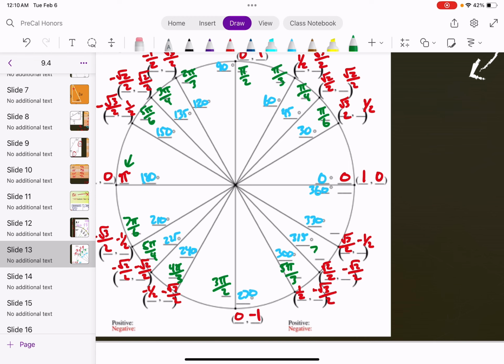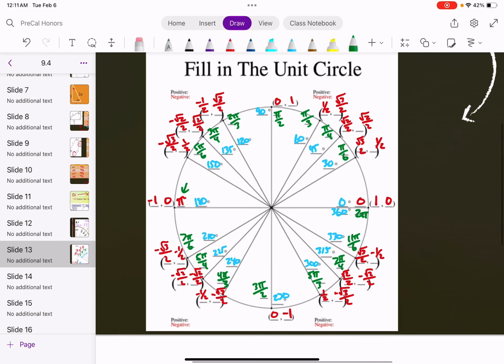Next would be 7 pi over 4, and 11 pi over 6. Our final portion is going to be our 360, which we know is going to be 2 pi. This is all extremely important in figuring out what exactly goes all over our entire unit circle.